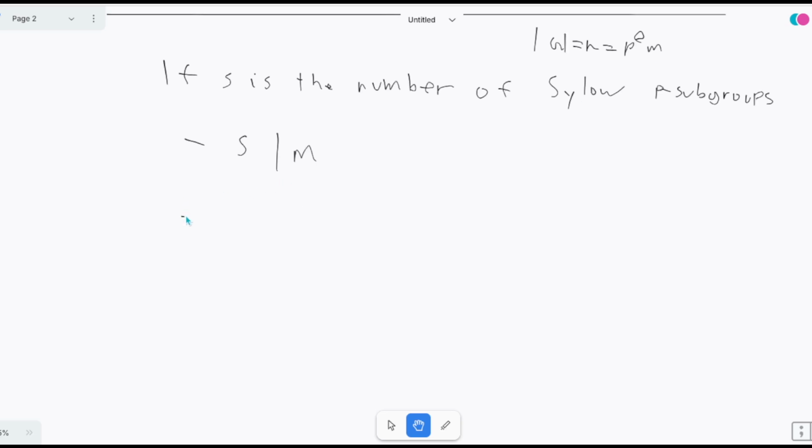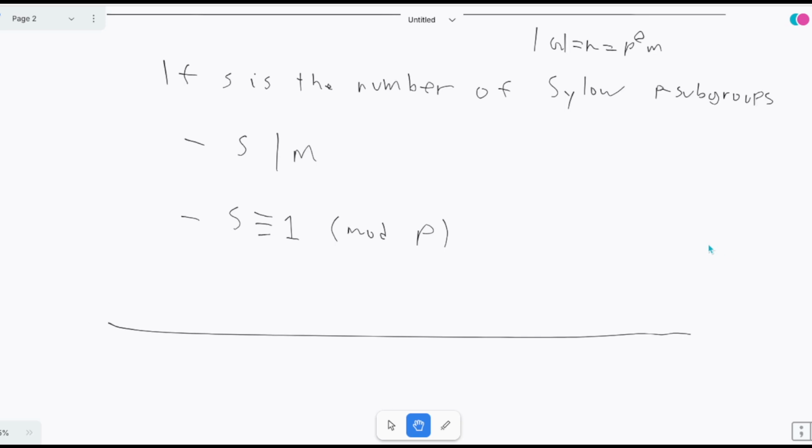S divides M, and S is 1 mod P. I think that's correct. Yeah, that is. Okay.